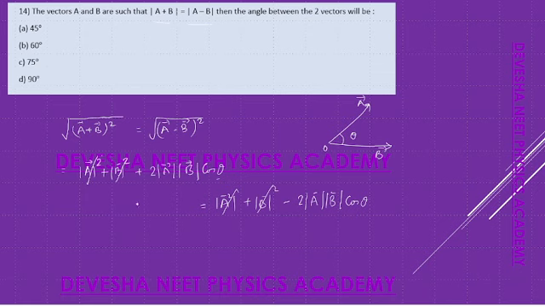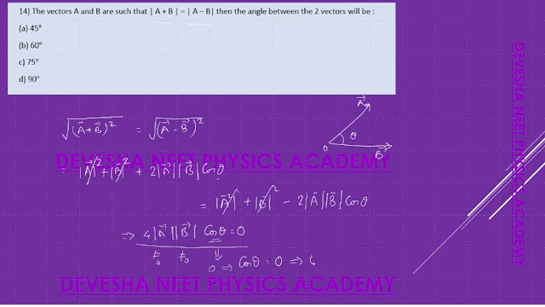Bringing the minus to the left hand side, this becomes 4ab cos theta is equal to 0. Since a is not equal to 0 and b is not equal to 0, it means cos theta is equal to 0.